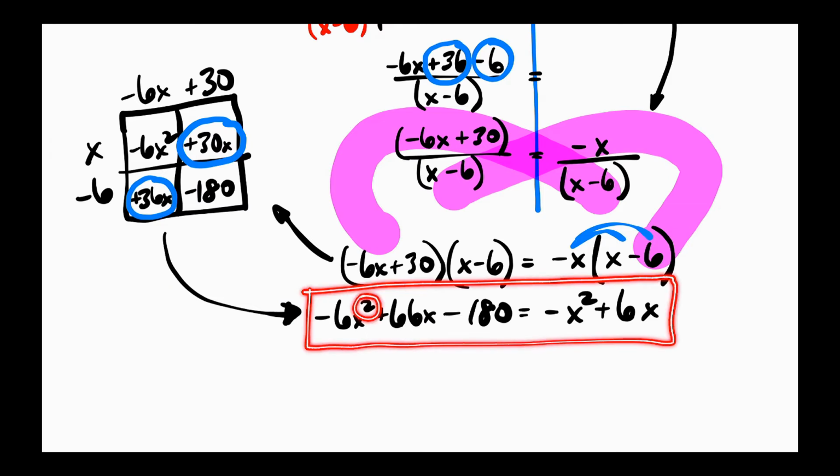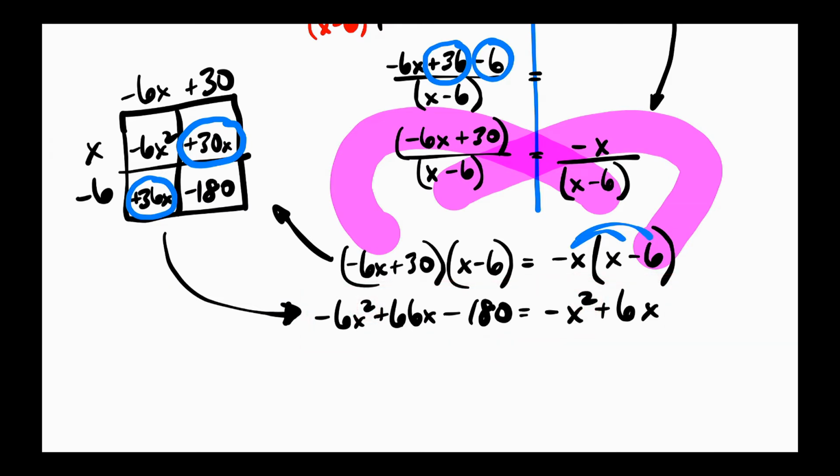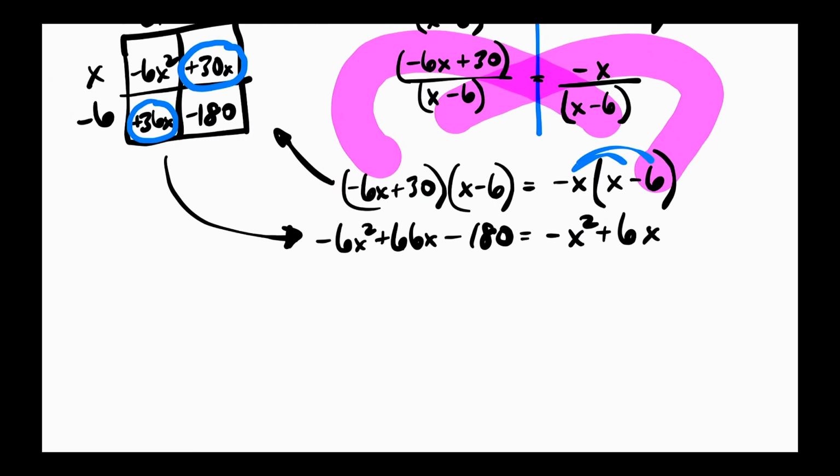Well, I see I have squareds. So if I have squareds, that means I got to get everything on the same side. So I have some options here. Because one student, also a different student, asked me, I'm confused as to which side do I get everything on? Do I get everything on the right side of the blue line or the left side of the blue line?